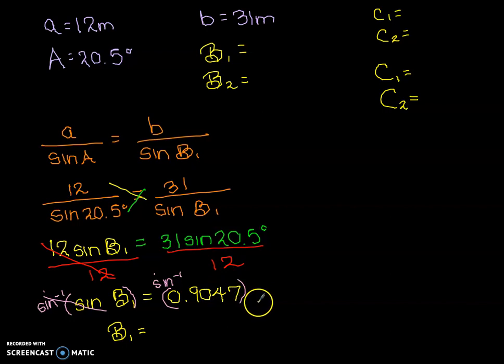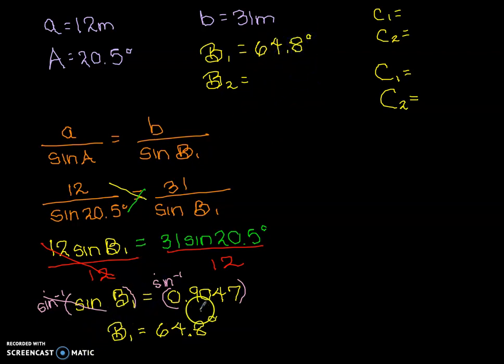There was a whole decimal with that answer, so if you take 31 times sine of 20.5 degrees, divided by 12, you'll have that whole decimal. In your scientific calculator, press second sine, which will usually give you inverse sine, and press second negative, and it will bring up that whole decimal for you rather than you having to type it in. What you should get is 64.8 degrees. So we're going to put that up here.